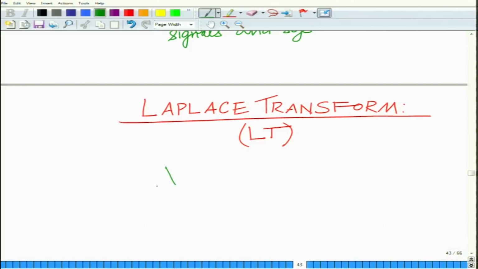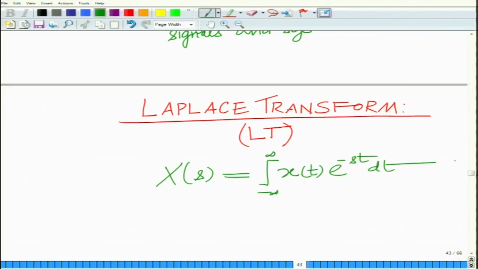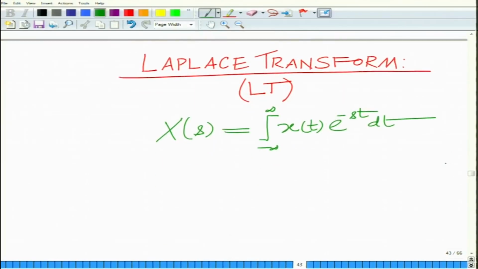So, the LT is defined as X(s) for a signal x(t) as the integral from minus infinity to infinity of x(t) e raised to power minus st dt. Naturally, this is a function of s, where s equals sigma plus j omega. So, s is a complex value.